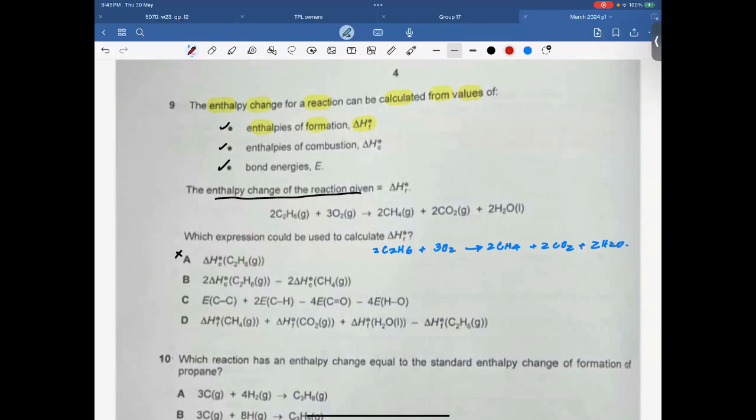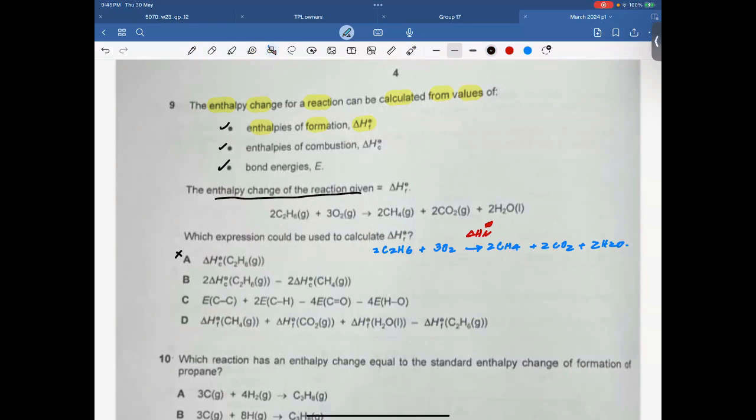And that's the delta HR, which we need to find out. Okay. So first option is incorrect, because with the combustion value of ethane, we cannot find the delta HR. I need the data both for ethane and methane.